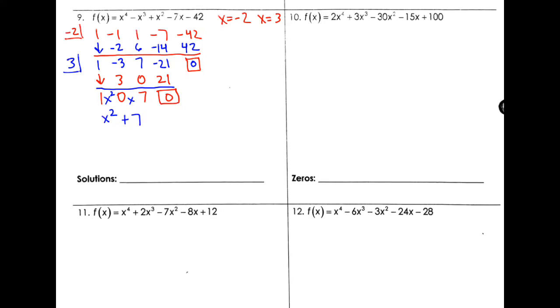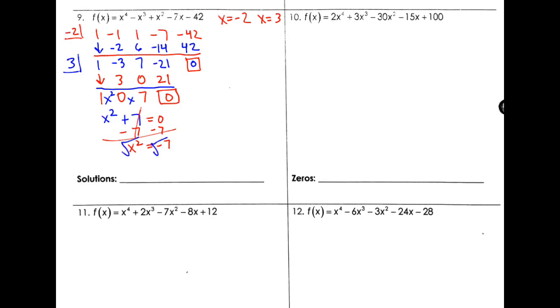So now we're looking for 2 more zeros. So, you know what, we can solve this one by square root. And so we'll set that equal to 0. We'll subtract 7. That becomes x squared is equal to negative 7.